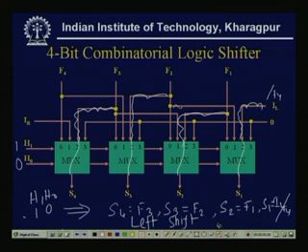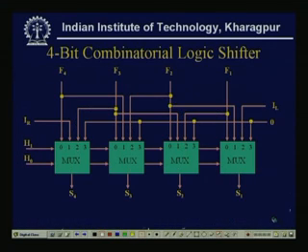Now, we see what will happen for the select line 1 1 combination. For select line 1 1, the fourth input will be passed as output.